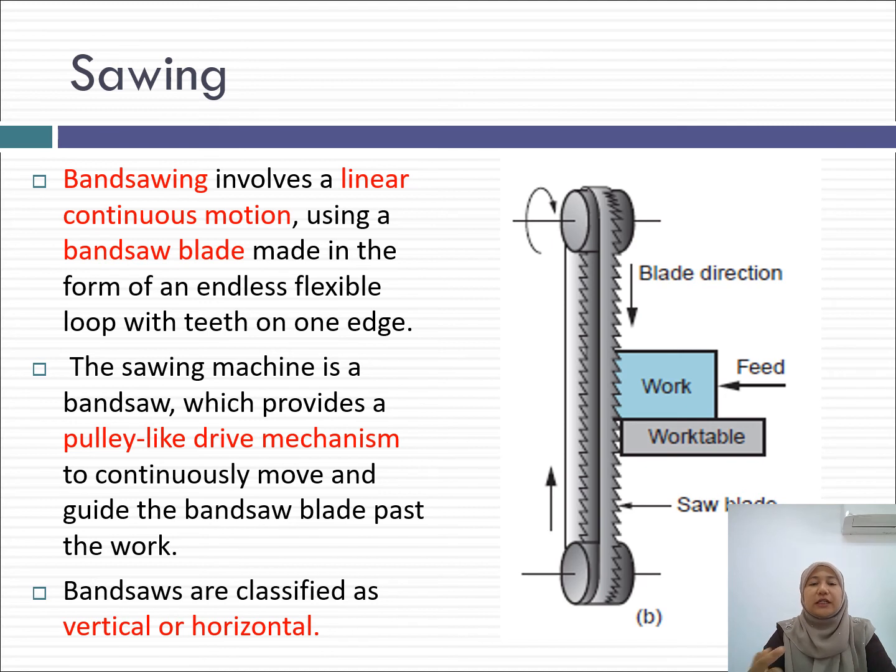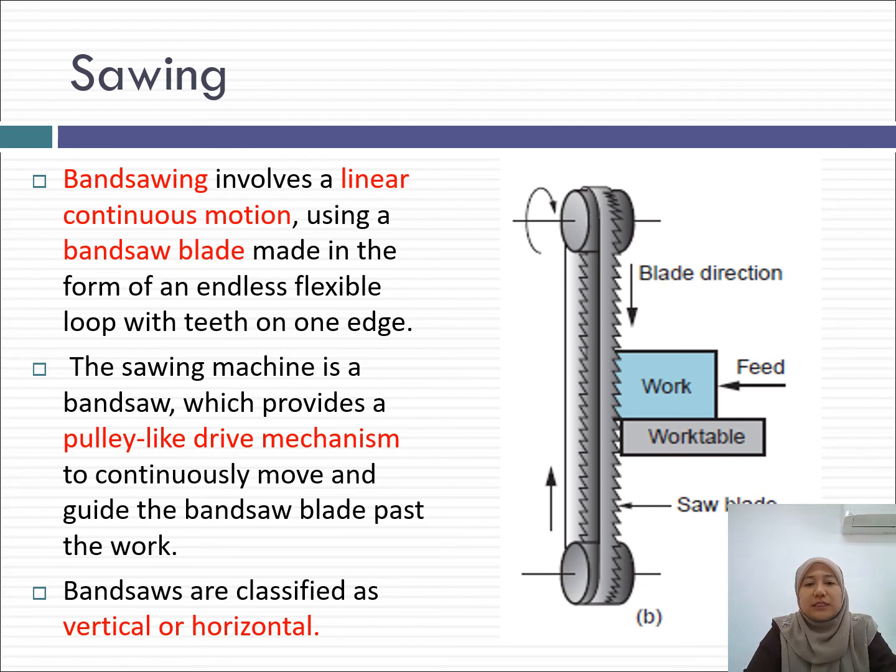This is also linear, however, it moves continuously, not only in one direction, right to left, but continuously. It is made in the form of an endless flexible loop, with teeth on one edge only and no teeth on the other edge.